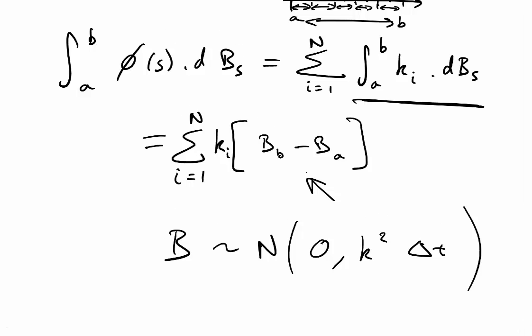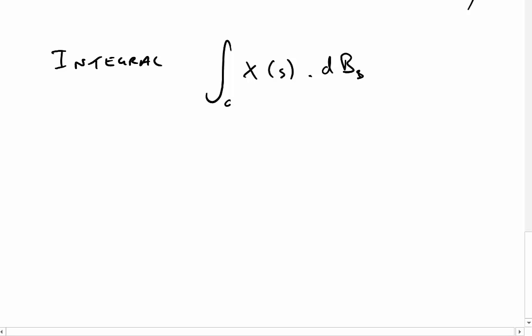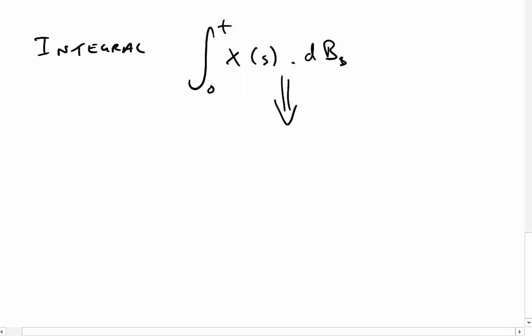The most important thing that I want to get out of this is that the integral of a stochastic process, if it's a deterministic function, is going to have a distribution in itself.